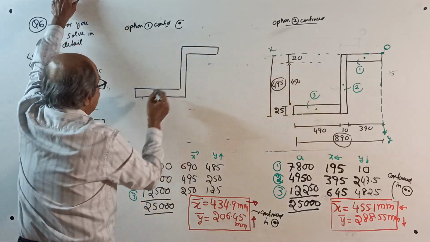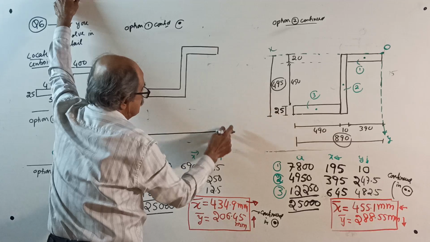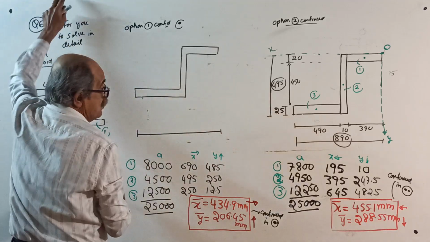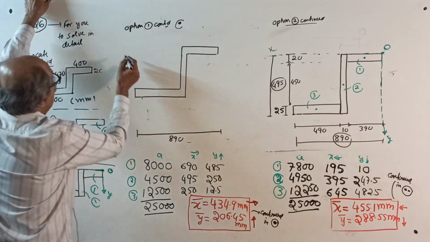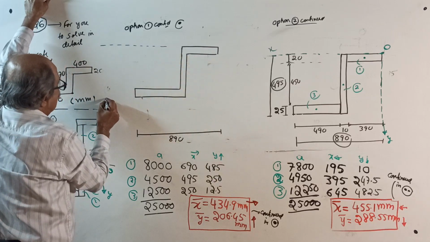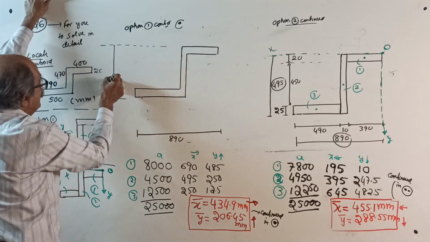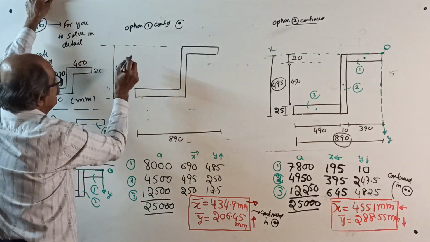Okay, this one, right, the outermost dimension. See, the outermost dimensions, I wrote somewhere, it is there, 890. Right, the outermost dimension, 495. Okay.